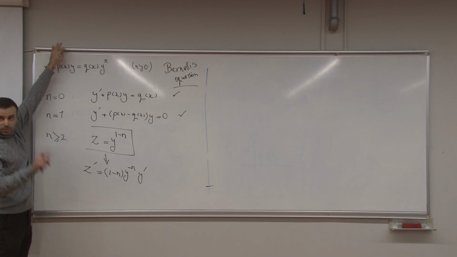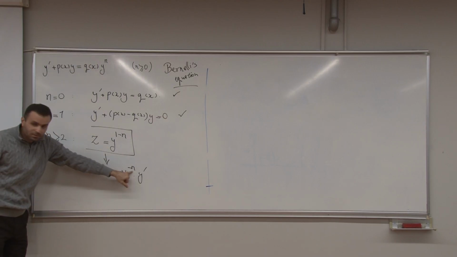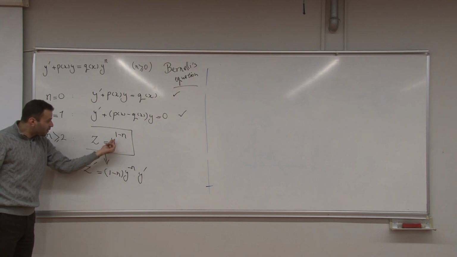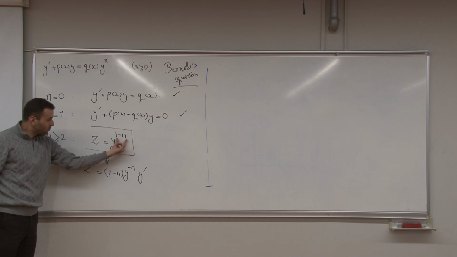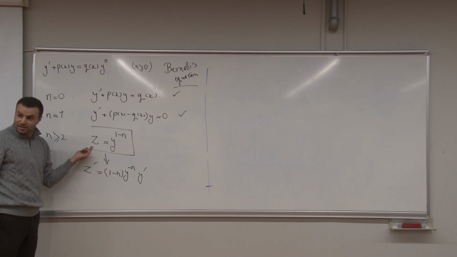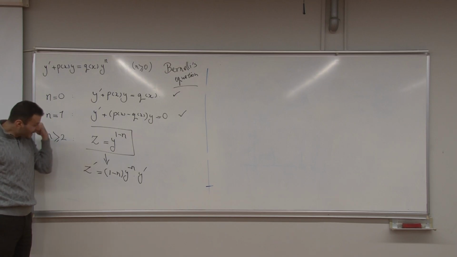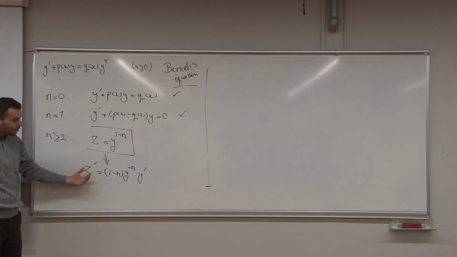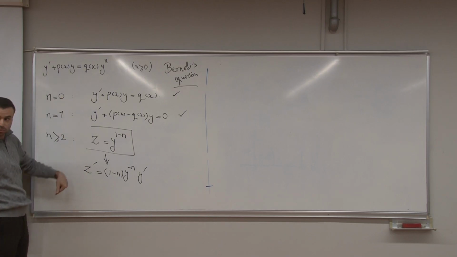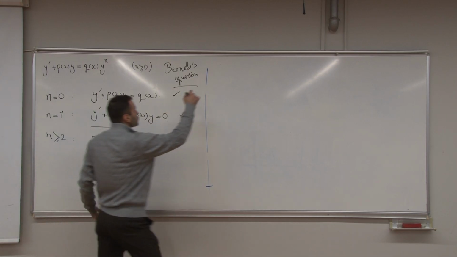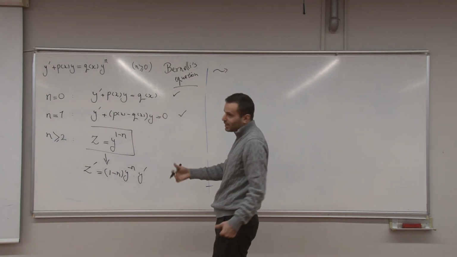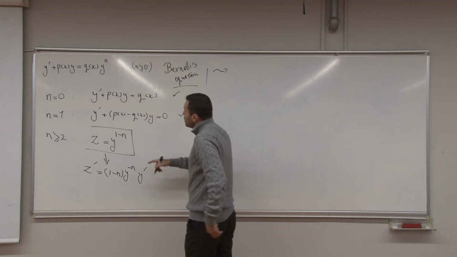I have y to the power of 1 minus n from here, which is going to be equal to z, right? It seems that this kind of change of variable is turning this problem into a linear one. Let's check it.